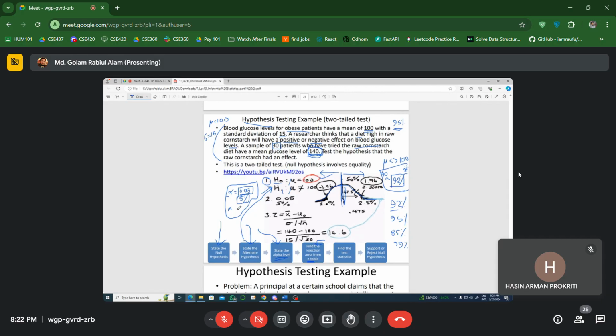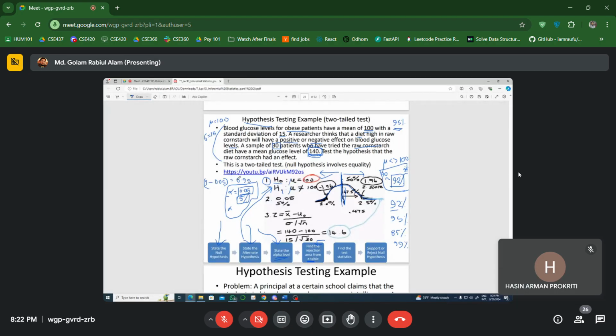That means if we consider 100%, that is 1 minus 0.05, so 0.05. So it is 0.95.